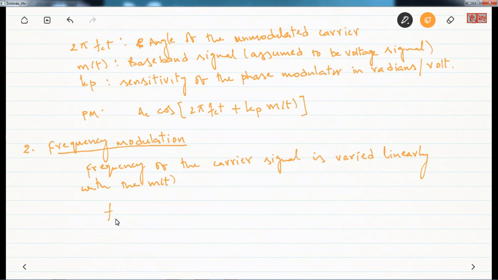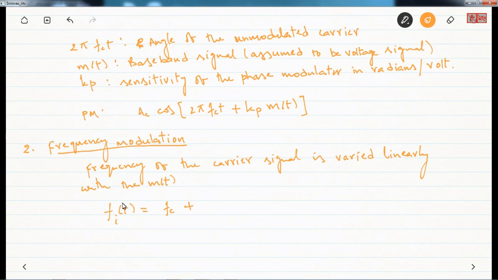So the instantaneous frequency fi of t is fc. See, the unmodulated carrier has got a fixed frequency fc, because we are considering a carrier Ac cos 2 pi fct, right? So its frequency without any modulation is fc, but its frequency is being now varied in accordance with the baseband signal m of t.